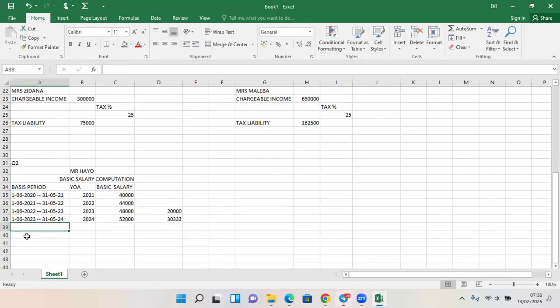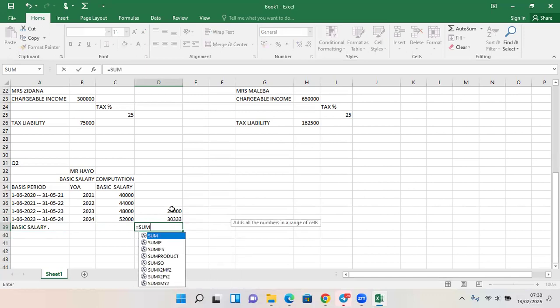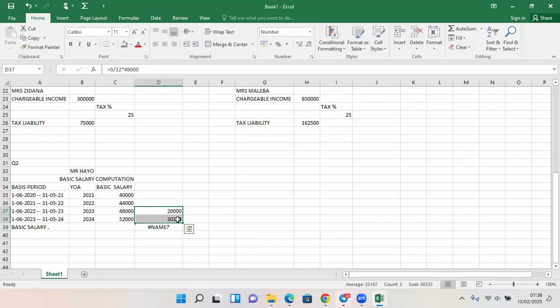So his actual basic salary is going to be this. All right. So this is the actual basic salary.